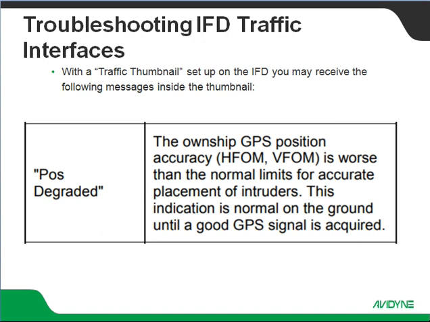What we usually find is when we get a phone call about this one and the aircraft is on the ground, it's because the aircraft is sitting between T-hangars, that kind of thing, where there's something blocking half the sky from a good GPS signal, and you'll get a position degraded type CAS message. And again, not that uncommon on the ground. If you're out there flying around and you see this, totally different set of problems. Then we may have a GPS problem and we need to take a look at it, okay?